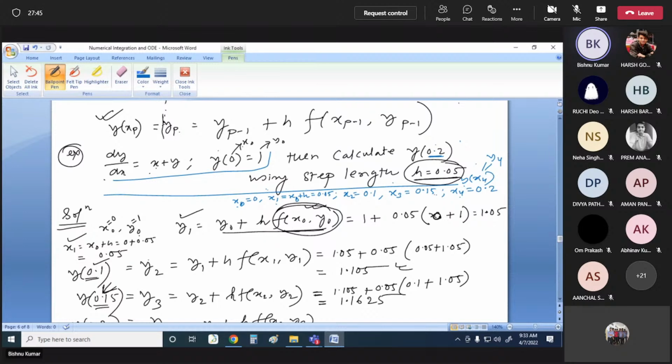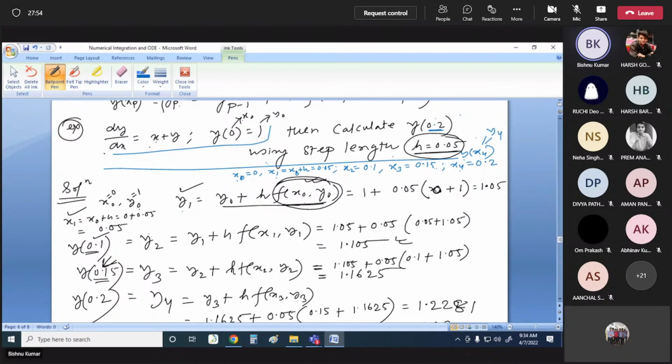Now you just use that recurrence relation of the Euler method that I told you. So y1 is y0 plus h f of x0, y0. X0 is given to you, x0 is 0, and y0 is 1. So f of x comma y, that function is this.